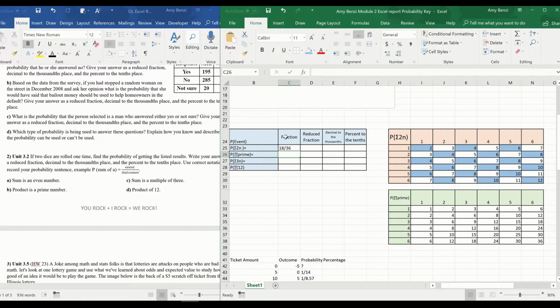All right, and then it wants this as a reduced fraction. Well, we already know that we just have to put the equal sign in there and select that, and it will... It did not reduce the fraction. So I do need to copy and paste it.